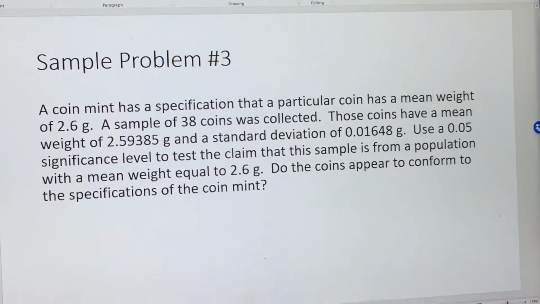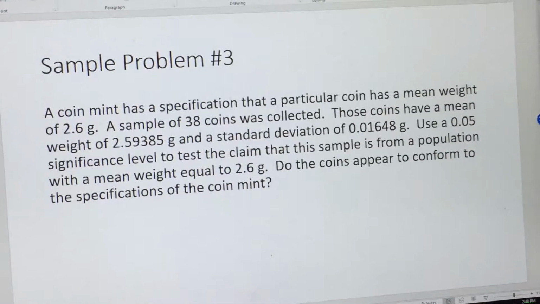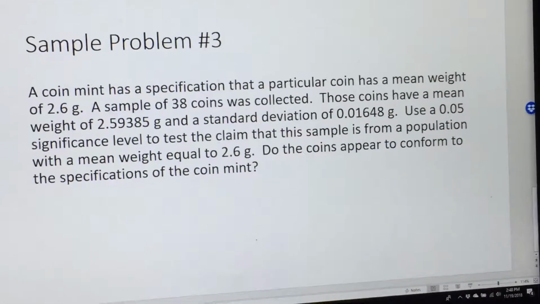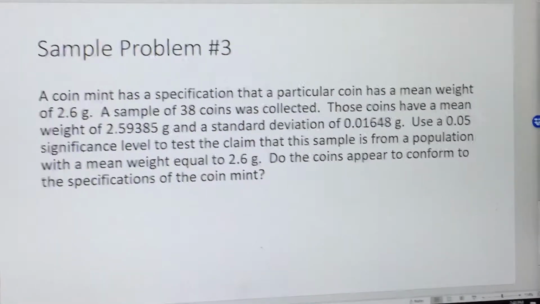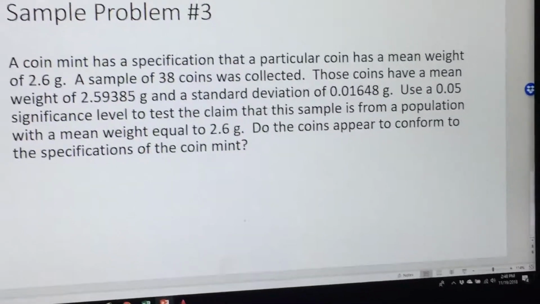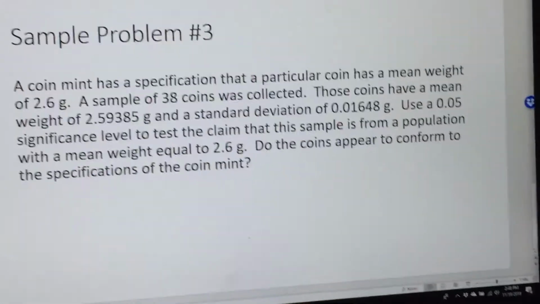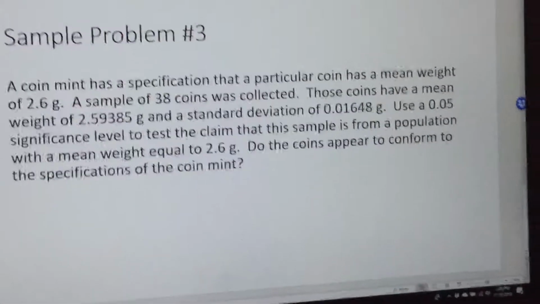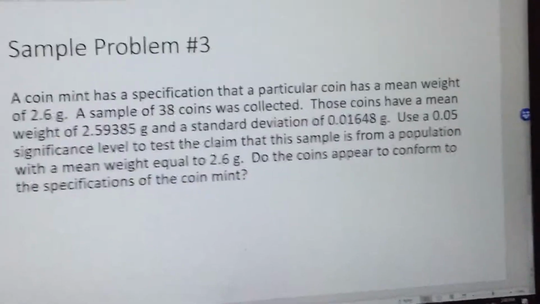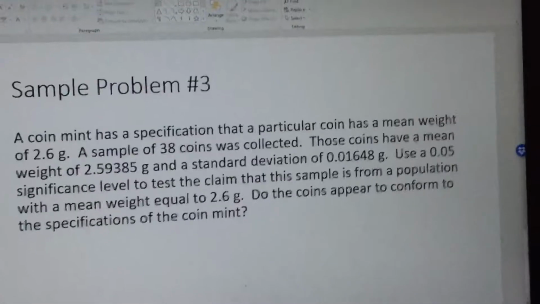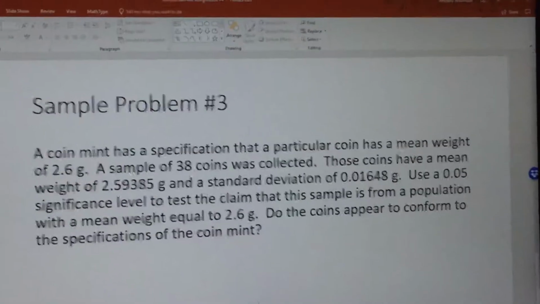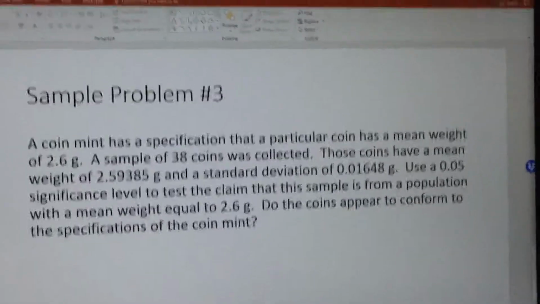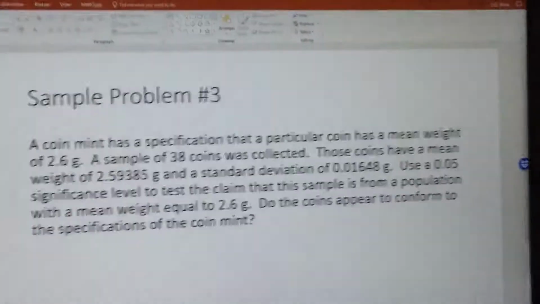Those coins have a mean weight of 2.59385 grams and a standard deviation of 0.01648 grams. Use a 0.05 significance level to test the claim that this sample is from a population with a mean weight equal to 2.6 grams. Do the coins appear to conform to the specifications of the coin mint?